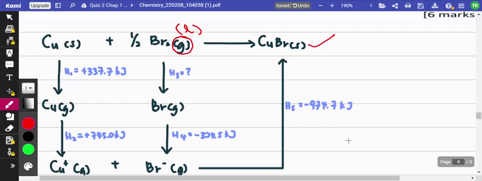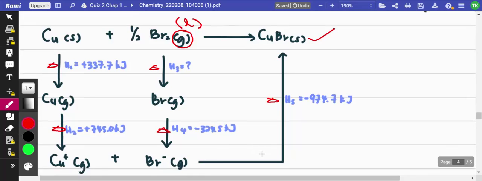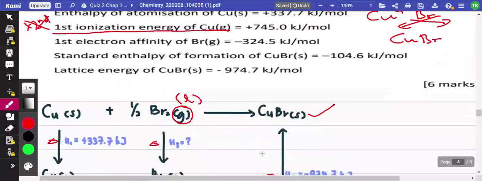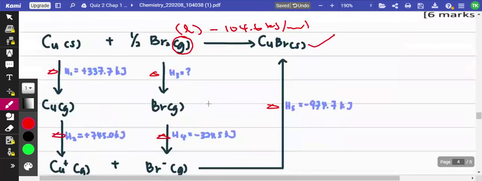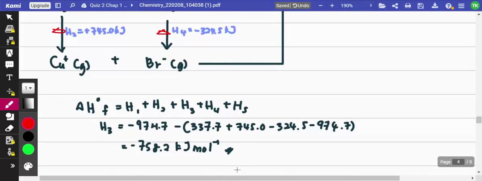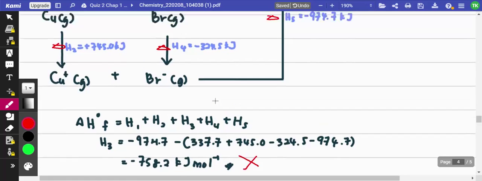Then after that, you need to construct the Born-Haber cycle and label all the enthalpy. Remember to put the triangle symbol as well. What is missing here is you've forgotten the enthalpy of formation, negative 104.6 kilojoule per mole. Because of that, your answer is incorrect.